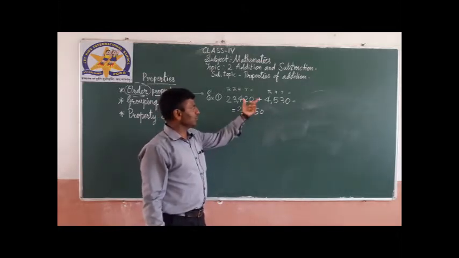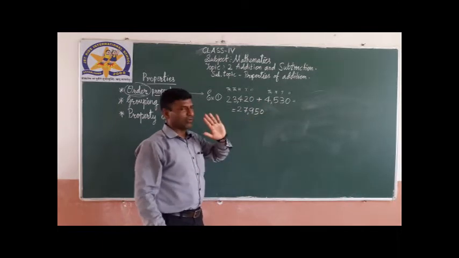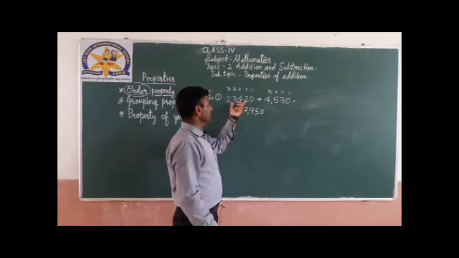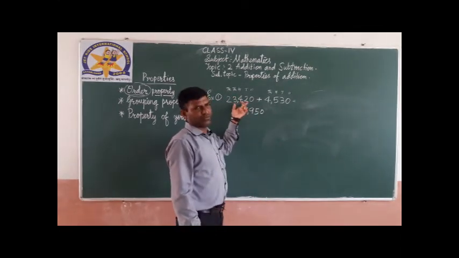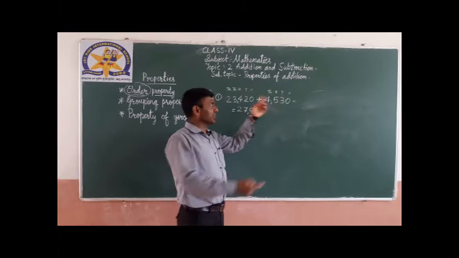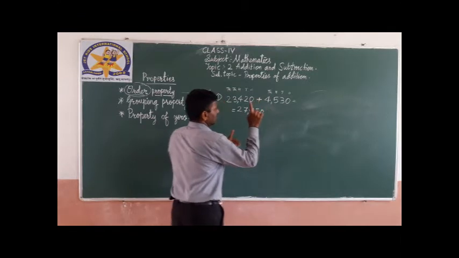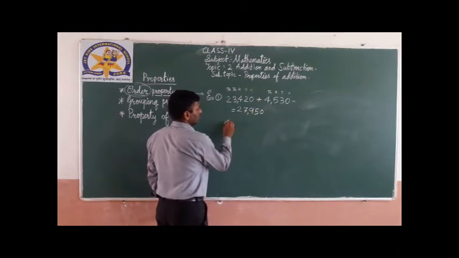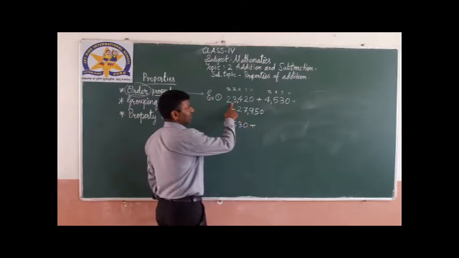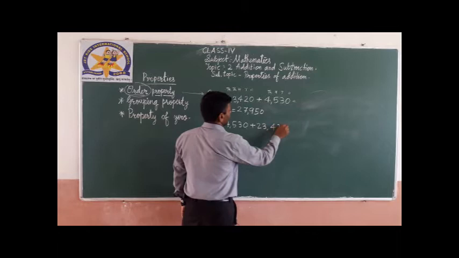The sum of the two numbers remains the same. Now what I will do, I will change their order. 23,420 I wrote first, and this is the second term. I will change. I will write this one first, 4,530, and this one second, 23,420.